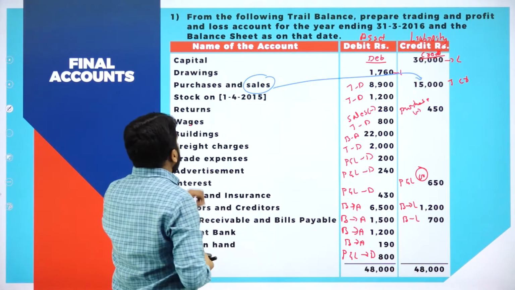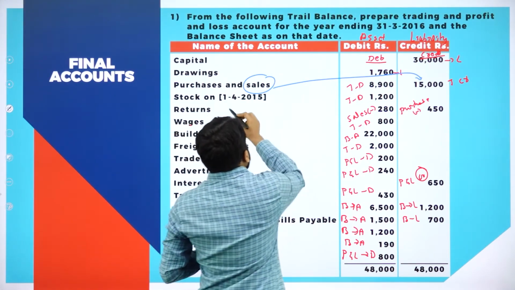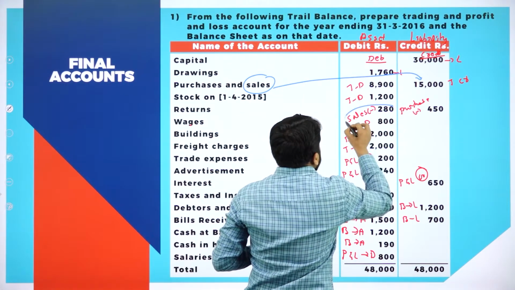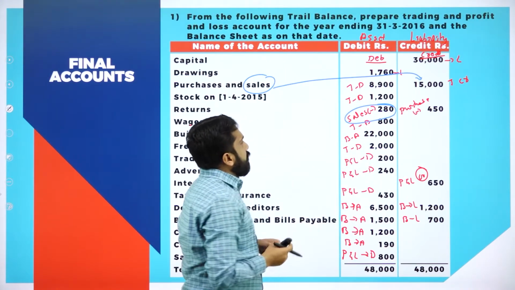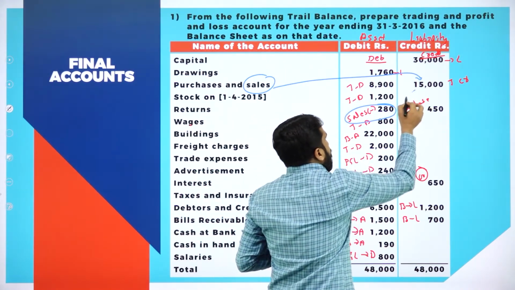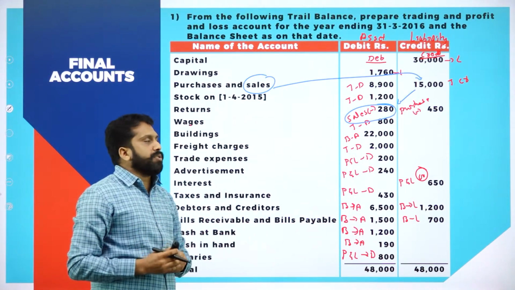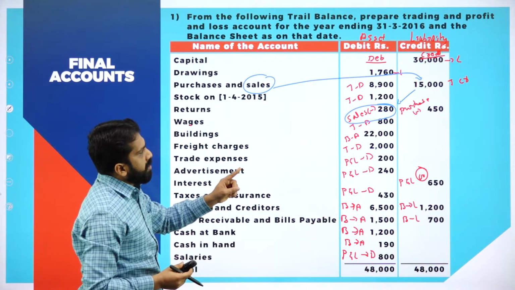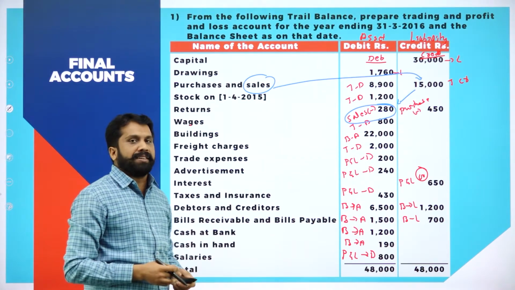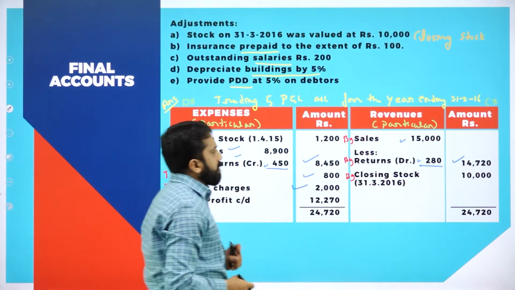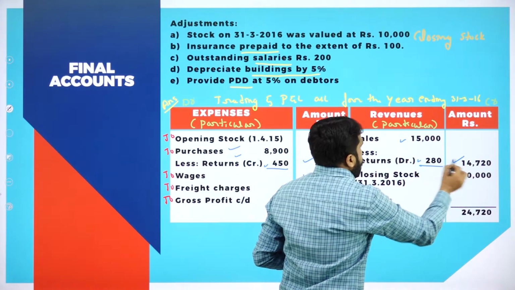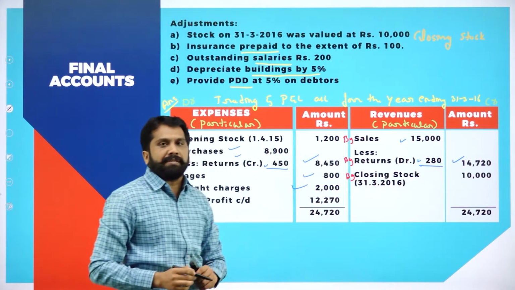How much is your return? As I told you, this one is your sales return. From 15,000, we have deducted how much? 280. 15,000 minus 280, it will be 14,720.